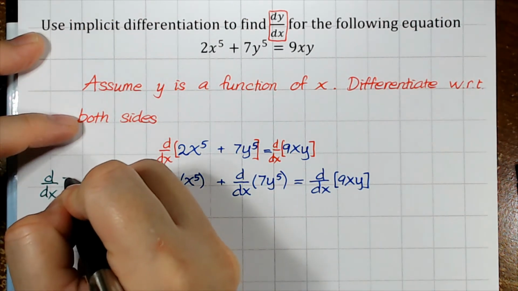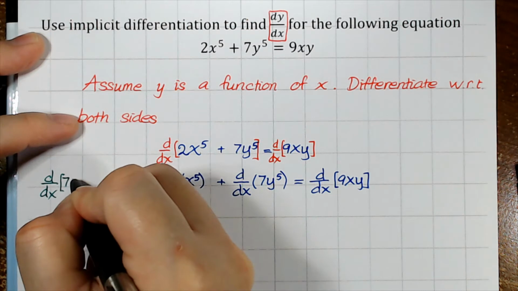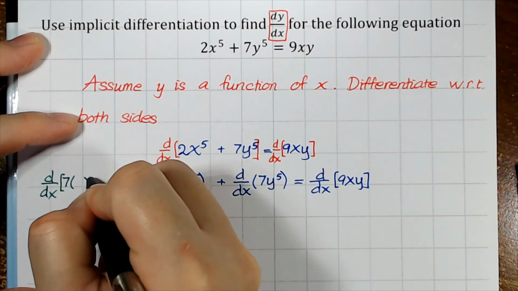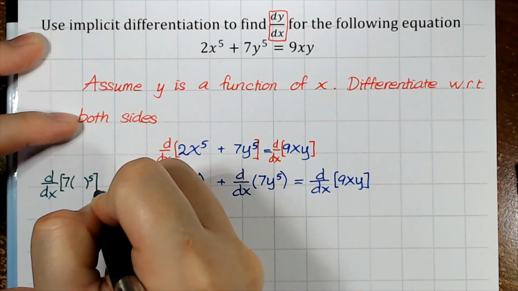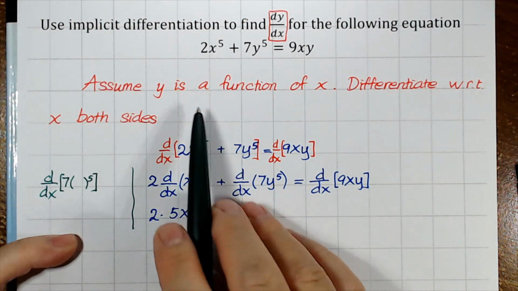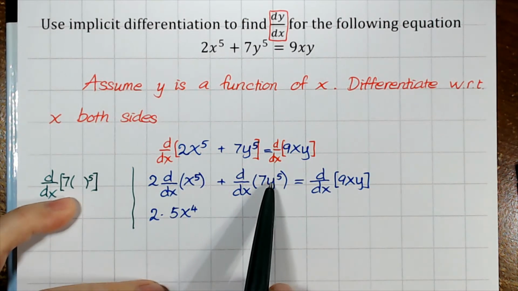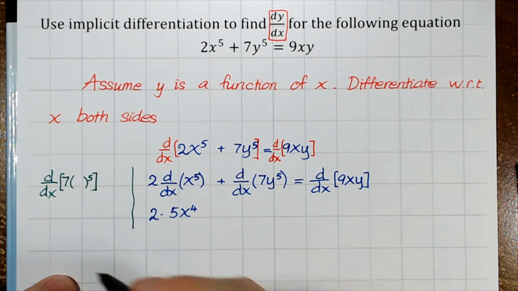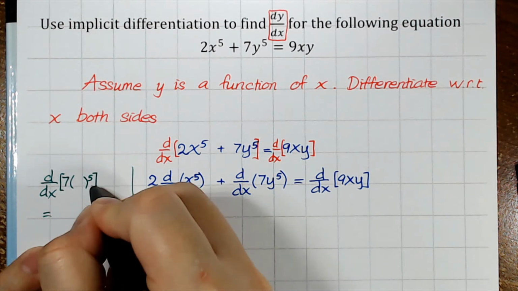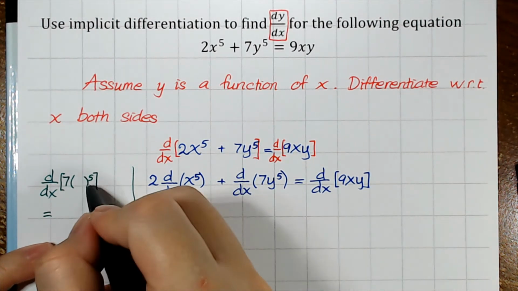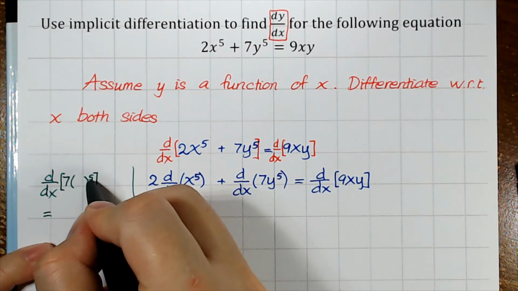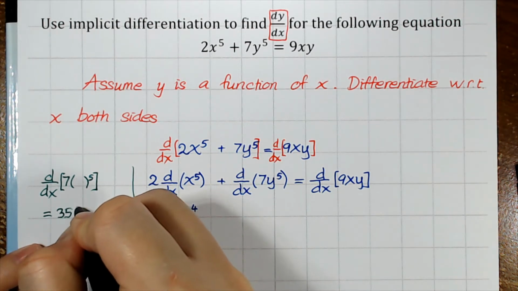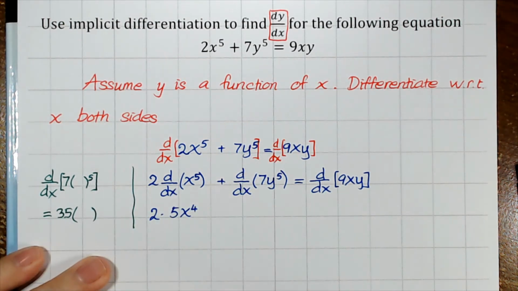I just write 7 times something to the fifth power. Because y is a function of x, instead of y, I just keep a function of x in the parentheses. The derivative of this is power rule: 5 times 7, that would be 35, parentheses to the fourth power.